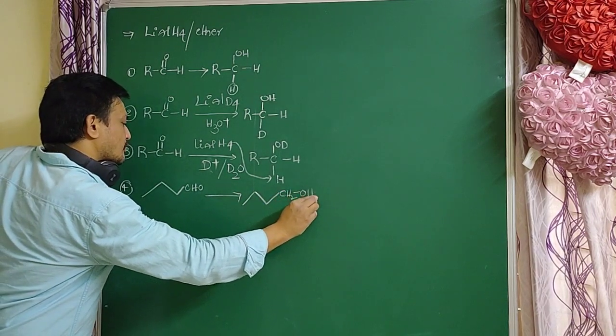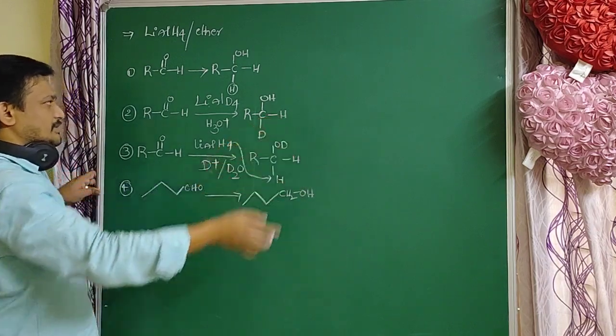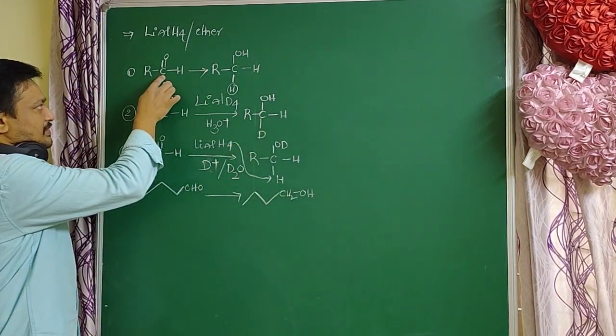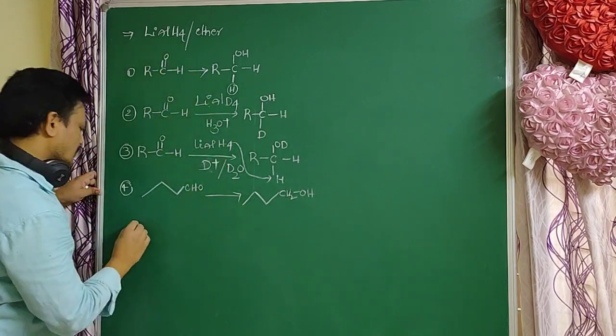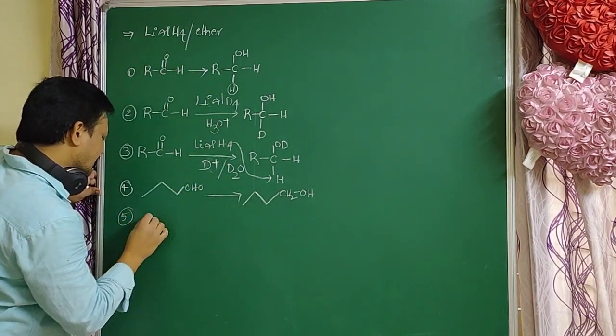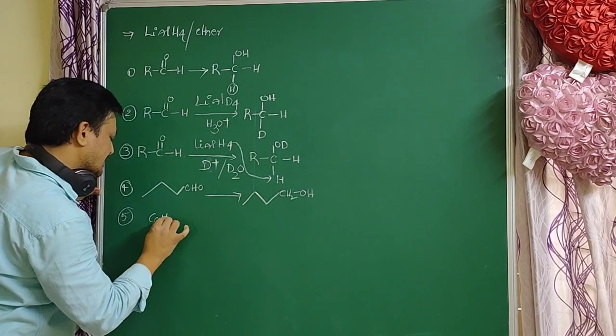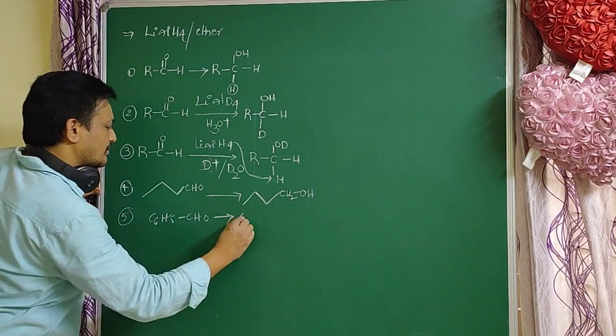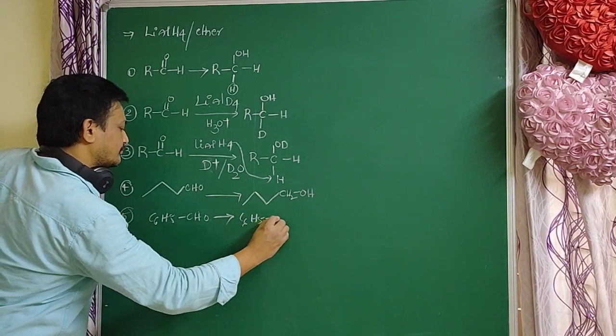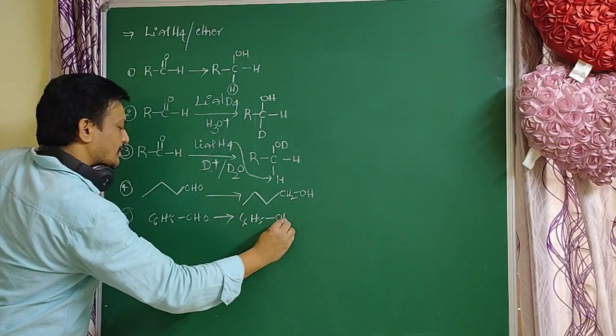So the CHO group converts to CH2OH. Here one hydrogen is added. For example, C6H5CHO, benzaldehyde, converts to benzyl alcohol.